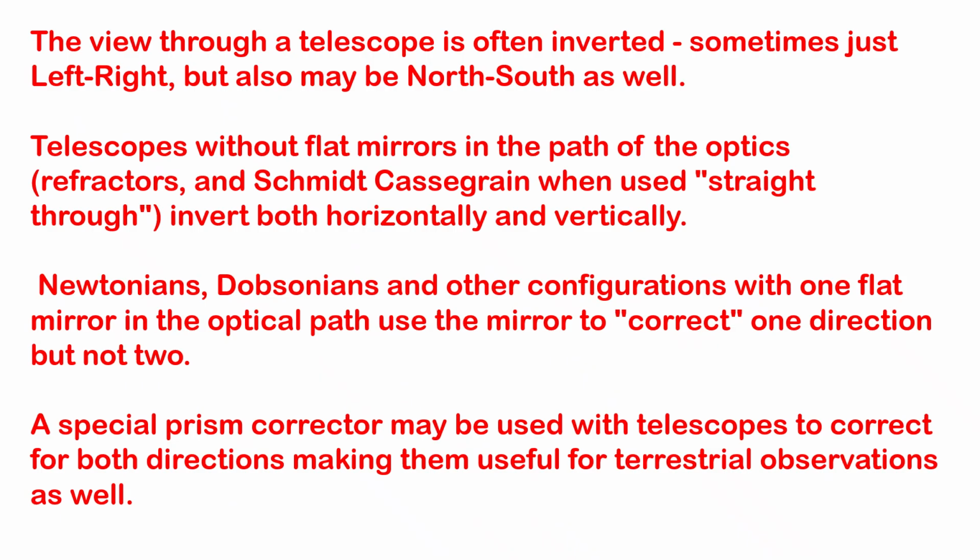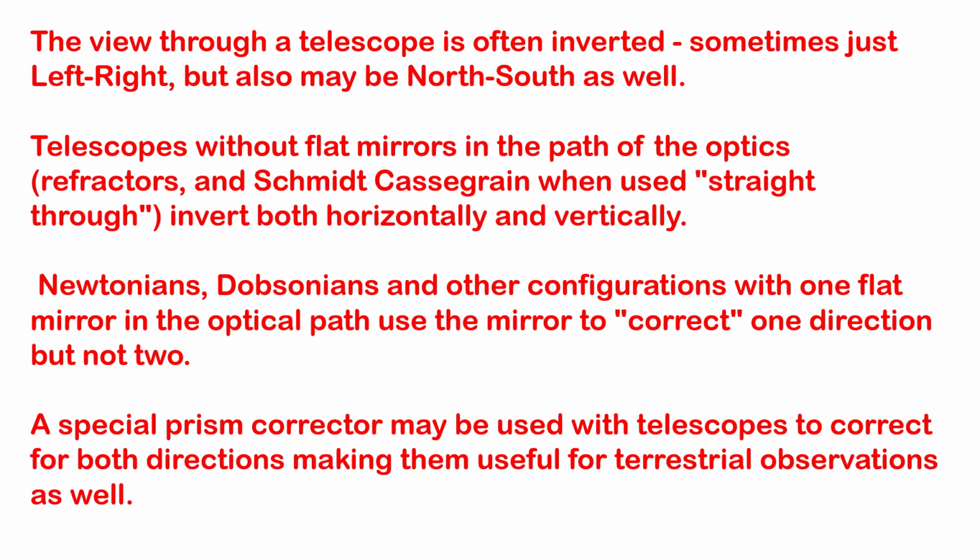The view through a telescope is often inverted, sometimes just left-right, but also maybe north-south as well. Telescopes without flat mirrors in the path of the optics invert both horizontally and vertically. Newtonians, Dobsonians, and other configurations with one flat mirror in the optical path use the mirror to correct one direction but not two.